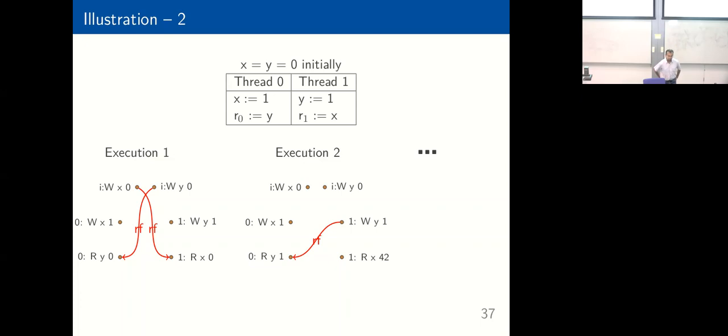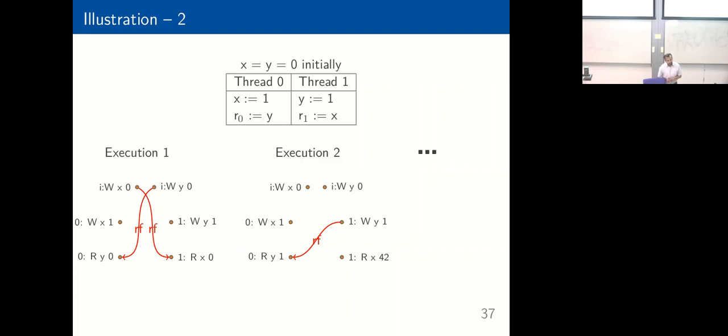They came from the programs up above. So on the very left of the screen from your side is an event which is from thread 0. It's a write event of value 1 to x. And there's a program order relation to the next event just below it, which is the read event of a value 0 from location y.